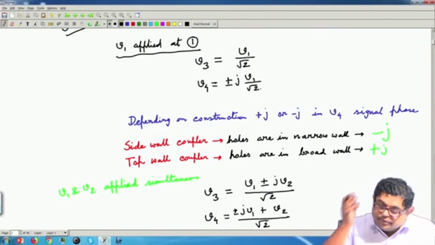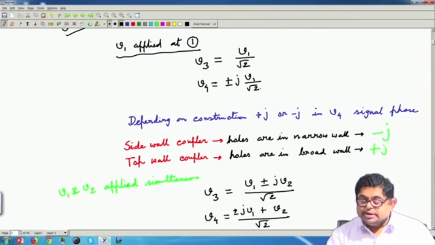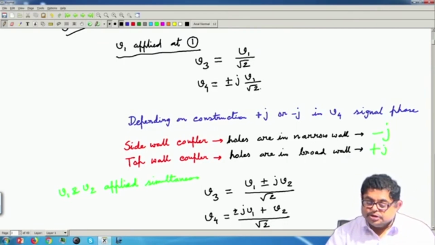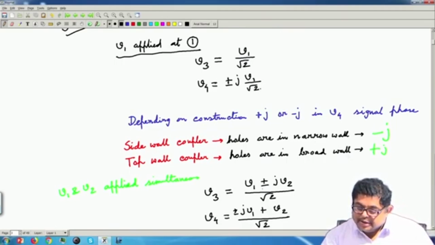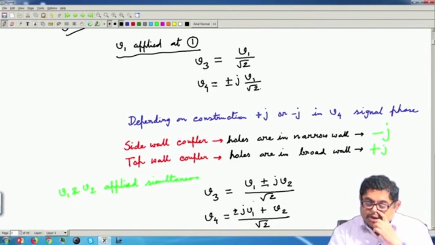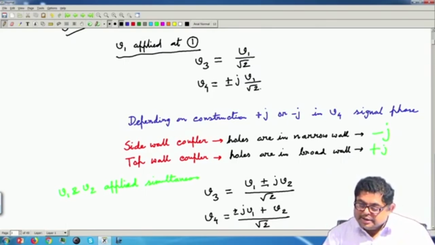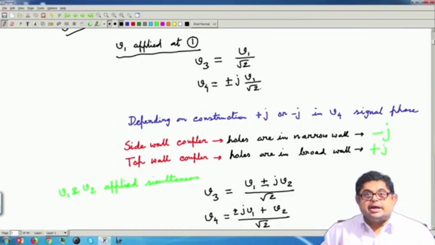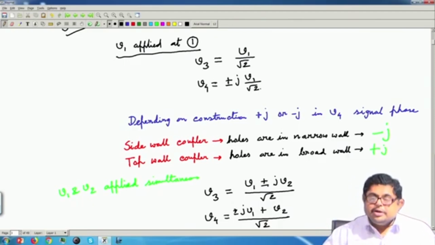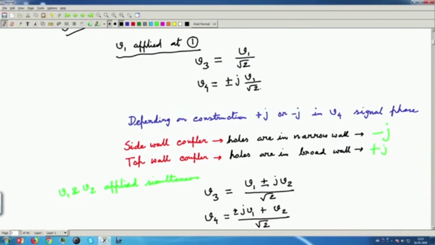So, in both the equations, depending on the coupler, suppose you have a side wall coupler, then in the V3 expression you take this minus sign, and in the V4 expression you also should take minus sign here. If you have a top wall coupler, then in this expression you have plus sign here and here also plus sign. So, you cannot interchange that.